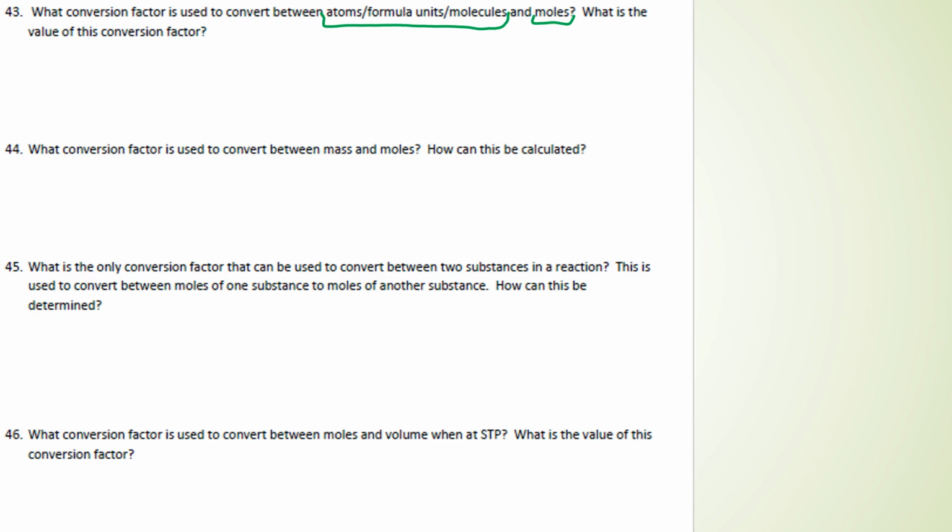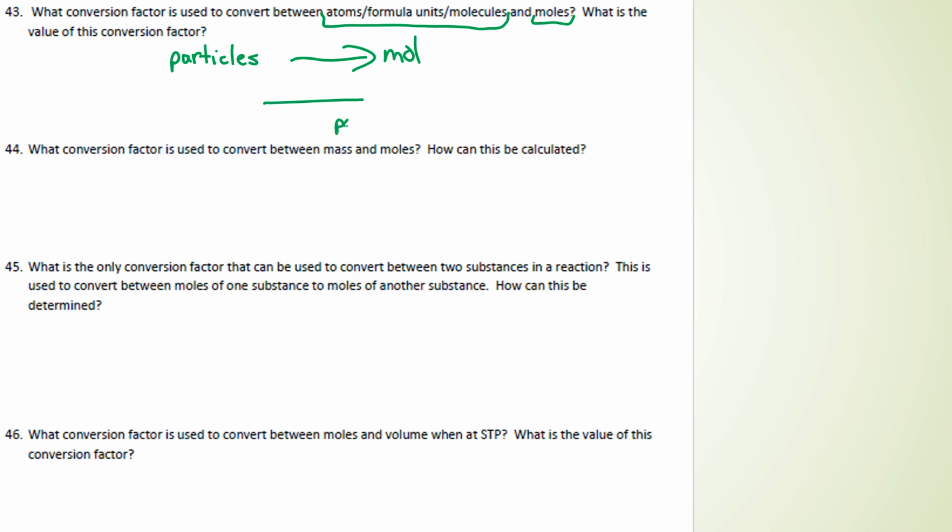Particles. So if I wanted to go from particles to moles, how would I get there? Avogadro's number.